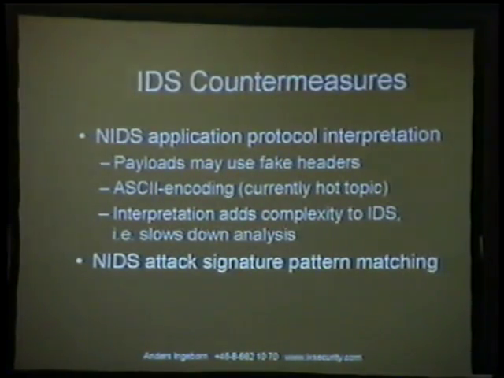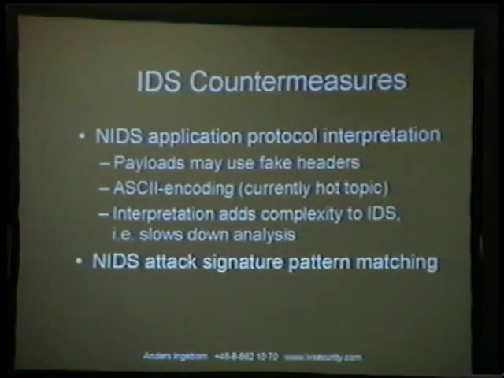And then, of course, a countermeasure would be for the attacker to make the communication of the first and second payload use fake headers according to this specific application protocol. Or maybe, if application protocol interpretation means checking whether the data being sent is binary data or ASCII data, it's a good enough countermeasure for an attacker to use ASCII encoding.